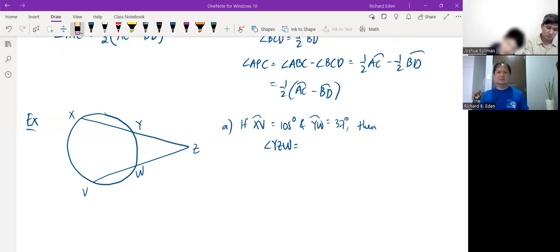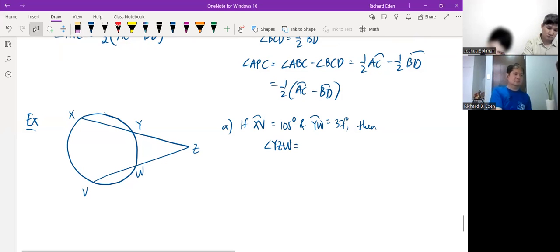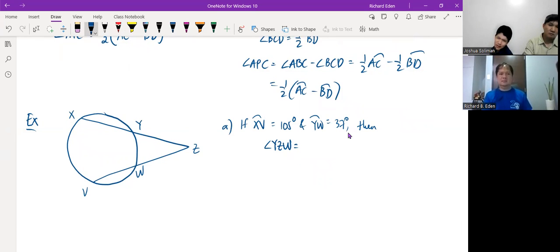Oh wait, is this one of the reasons for the tangent? It's sort of the secant, but it's just touching only at one point. So we'll get there.